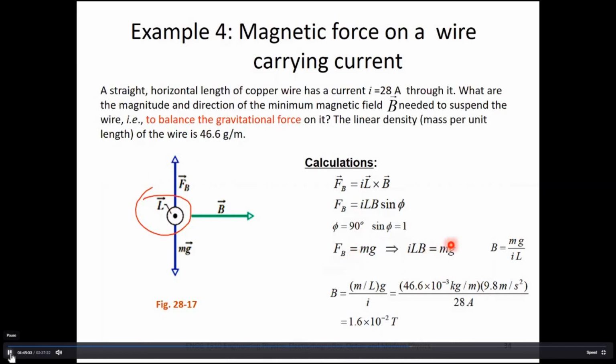So the final equation is B equals mg over IL. Here m over L is actually the linear density, so it can be written as m over L multiplied by g over I. Putting in the numbers, we can calculate the B field required to make the wire float, suspended in space.